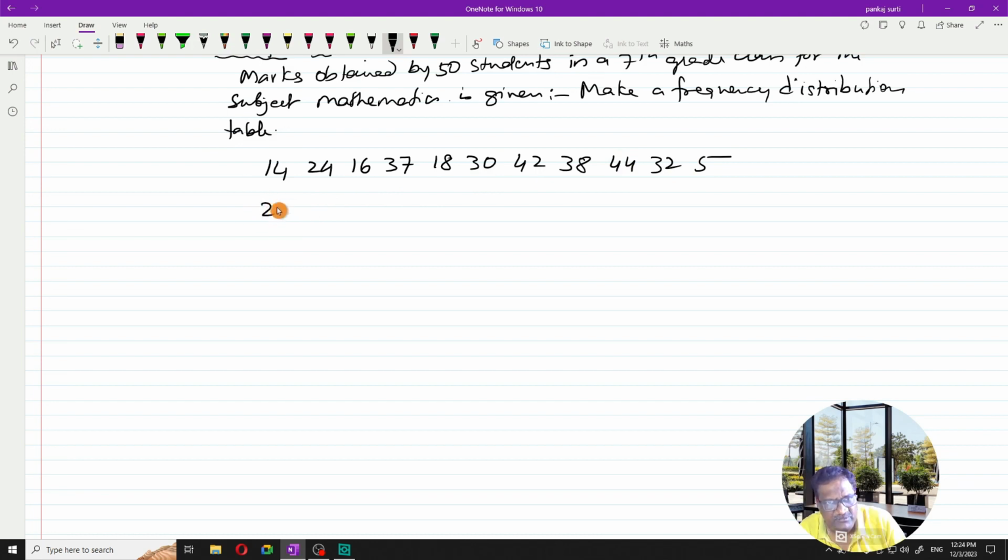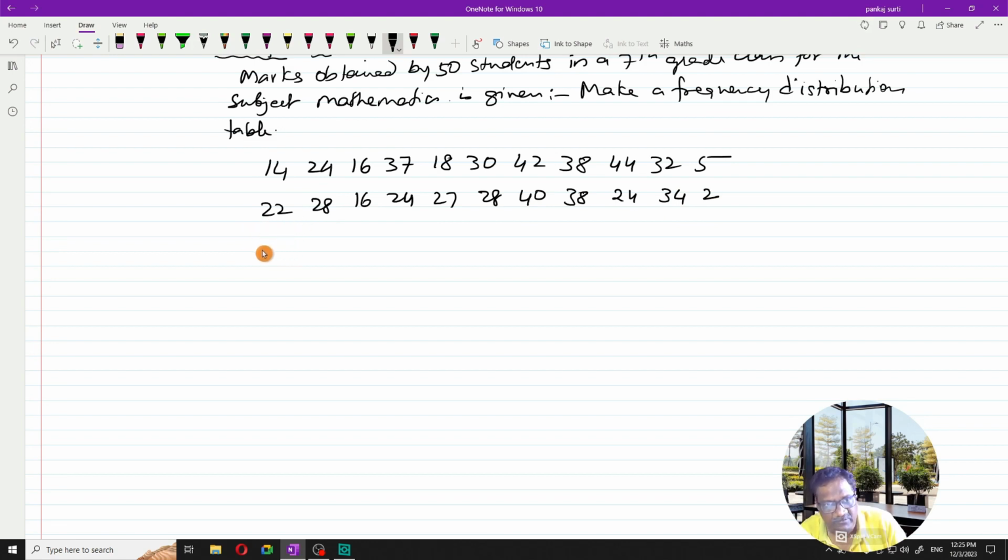Then let us continue. 22, then 28, then 16, and 24, 24, and then 27, then 28, then 40, then 38, then 24, and again 34, and just 2 marks. So these are the marks of another 10 students. So 20 students' marks I have written.